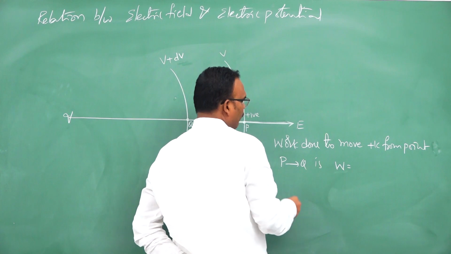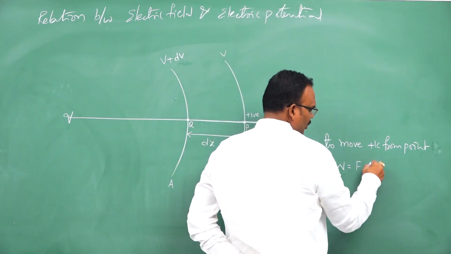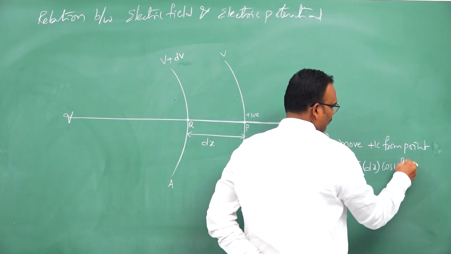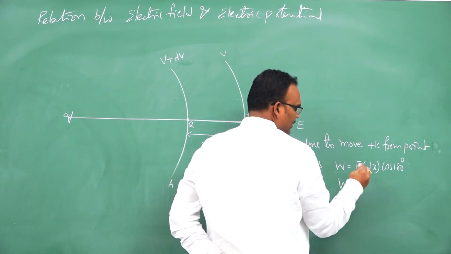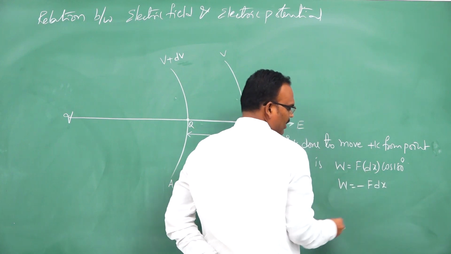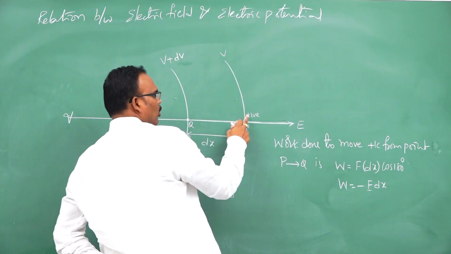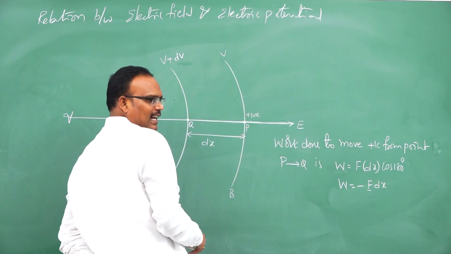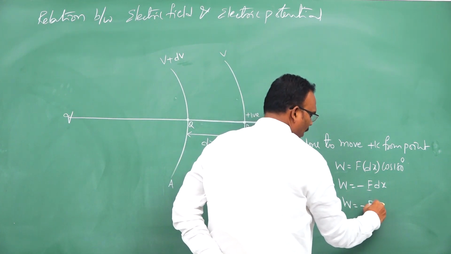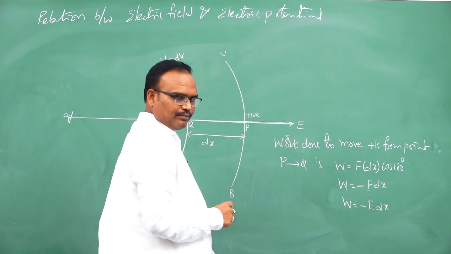Force is electrostatic force F, distance is dx, and cos 180 degrees. So, work done is equal to minus F into dx. See, by definition, the force experienced by a unit positive charge is called the electric field. So, that is why work done W is equal to minus E into dx. This is the work done.